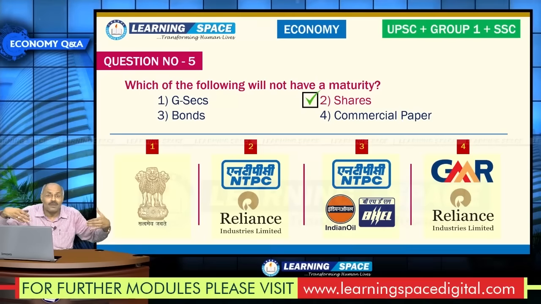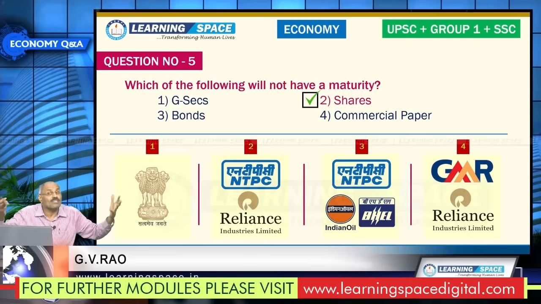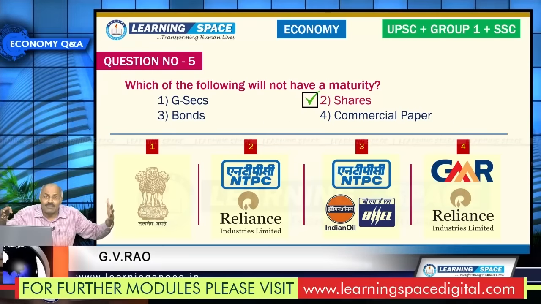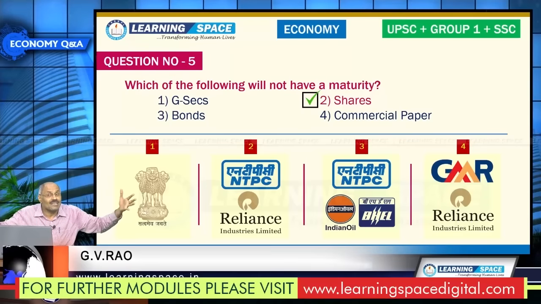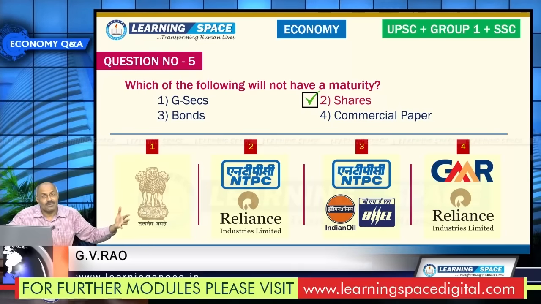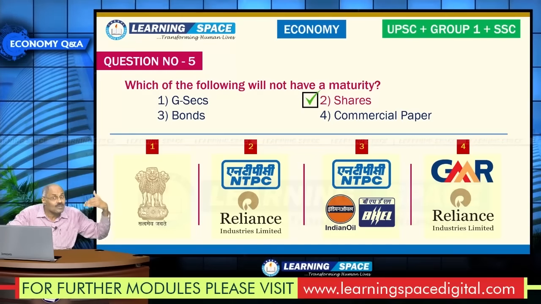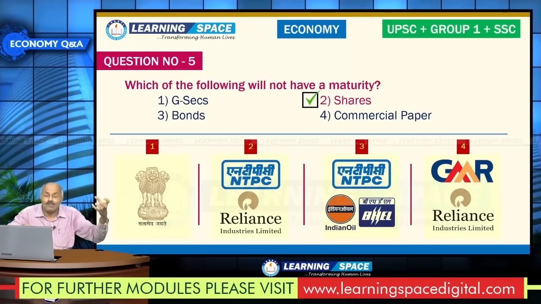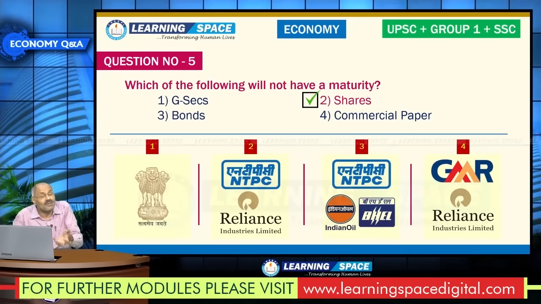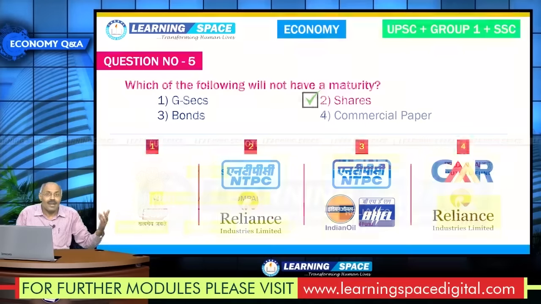Then commercial paper, it is less than 1 year, but the tenure is fixed. So, the security which will not have maturity is shares. So, if someone talks about securities with maturities, then government securities, bonds, debentures, commercial paper, these are all examples. Look at the next one.